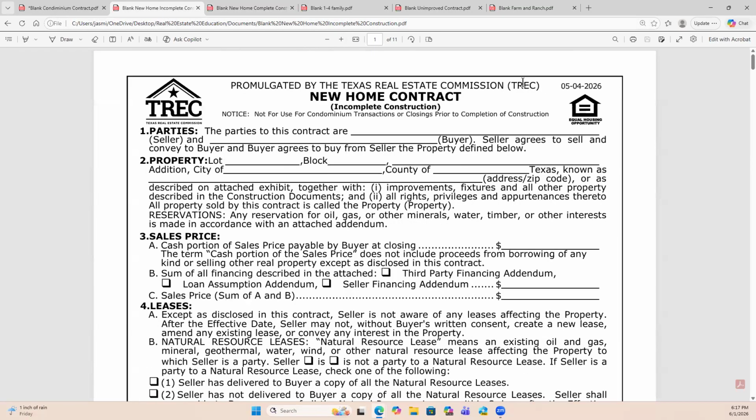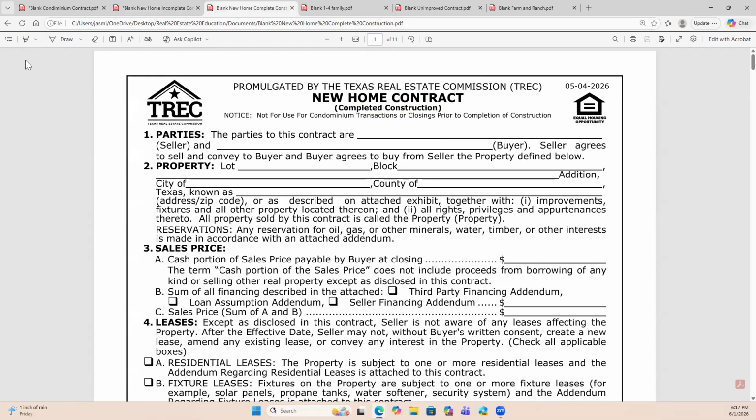But if you have a client who's like, oh, I want this house, it's on this street that my mom lives on, and they're in the middle of building it. They're in the framing stage, and I want to put a contract on the house before it's finished. There is a contract for that. It's the new home incomplete. That is the sole difference between this contract and this one. One is incomplete, the other one is complete.